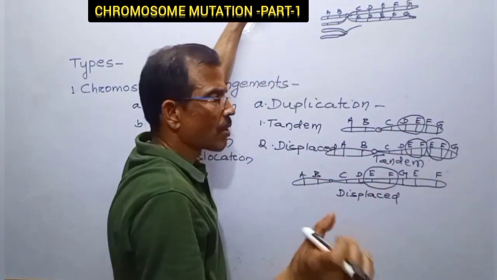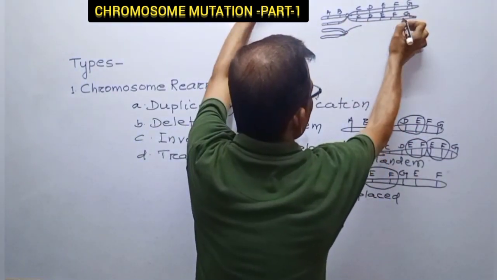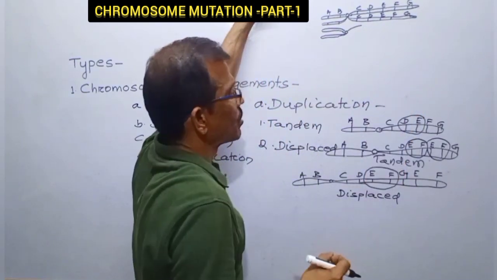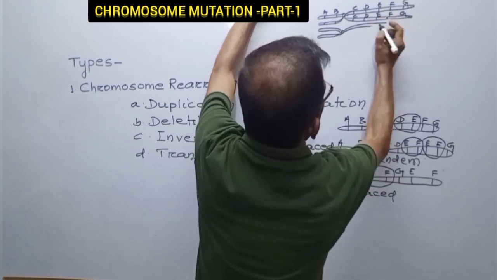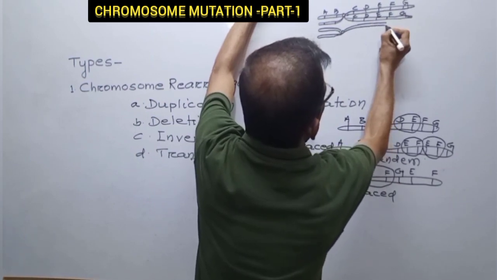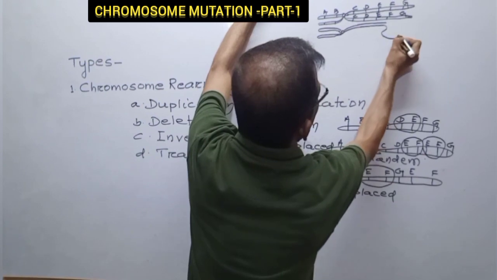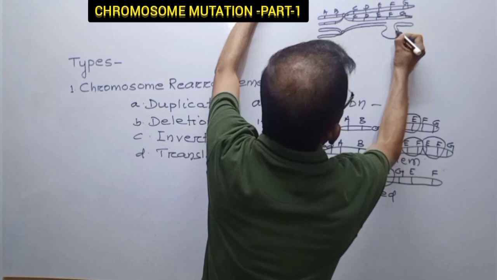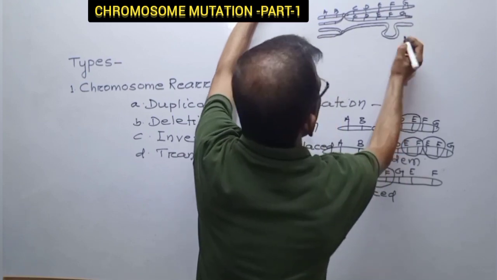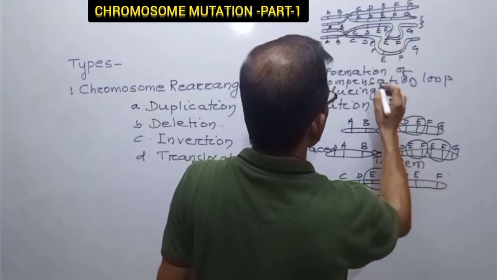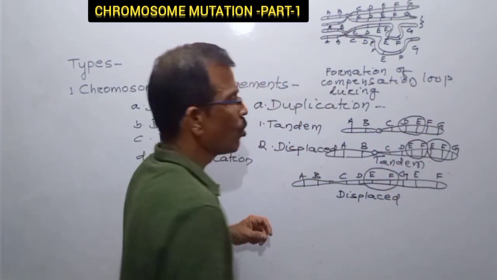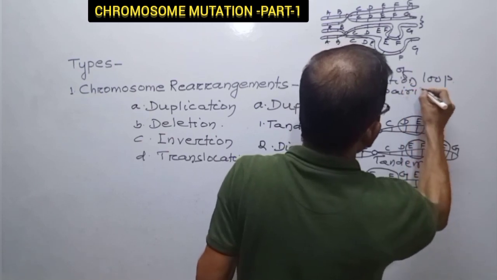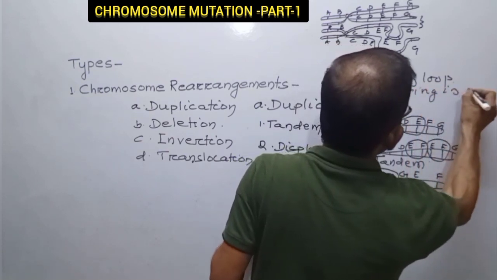So, in case of heterozygote, one chromosome is normal and the other chromosome carries the duplication. So, during pairing, the duplicated regions form a compensation loop so as to ensure pairing between the two homologous chromosomes. So, this figure shows formation of compensation loop during pairing in prophase 1.